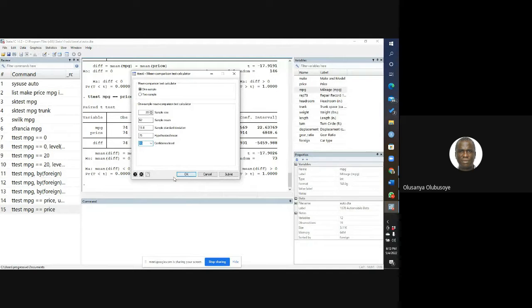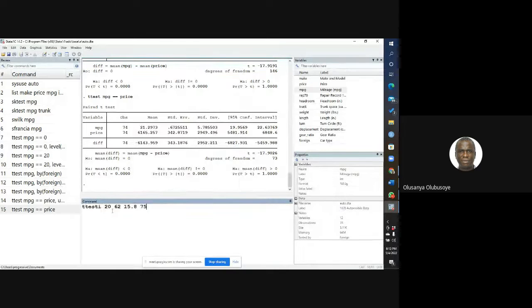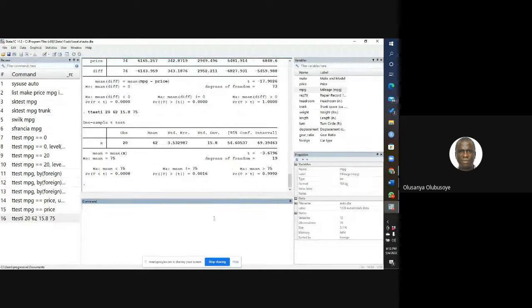So you can now run this, or you simply copy here and paste. So it gives you the sample size, the mean reported, the standard deviation reported, and of course the hypothesized value that you want to test. So you can now test.